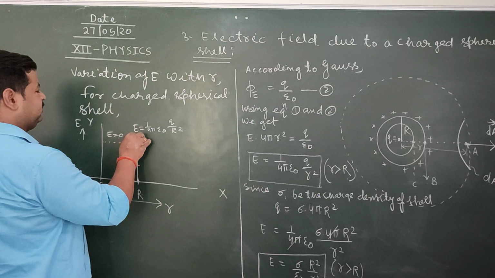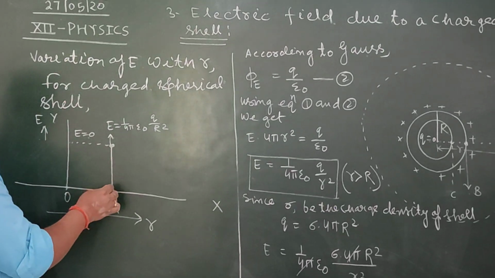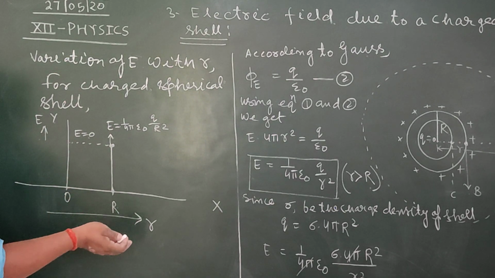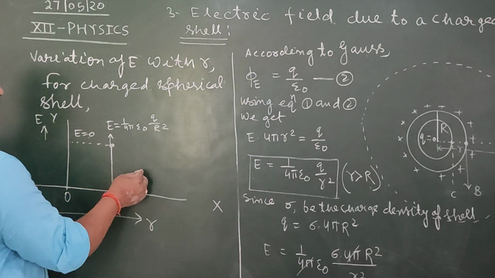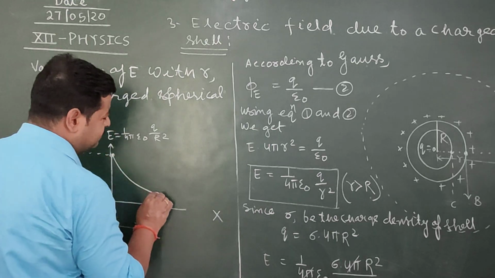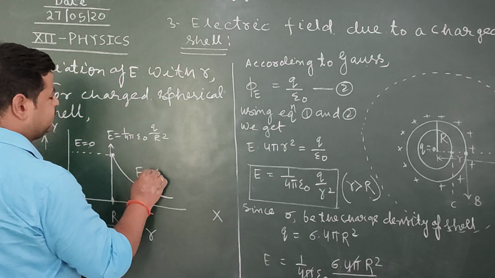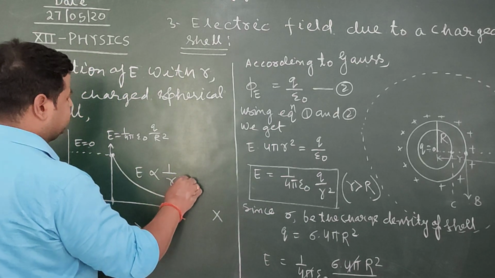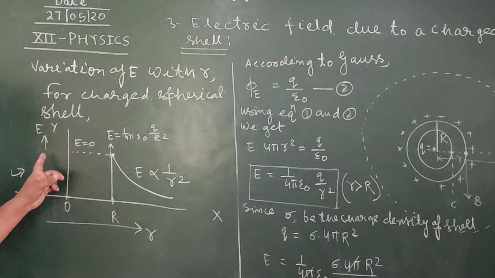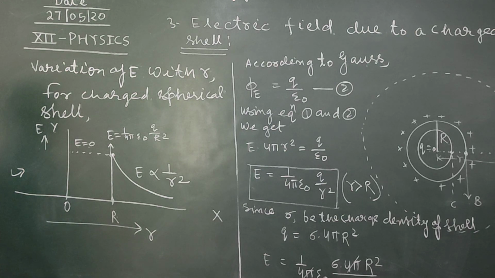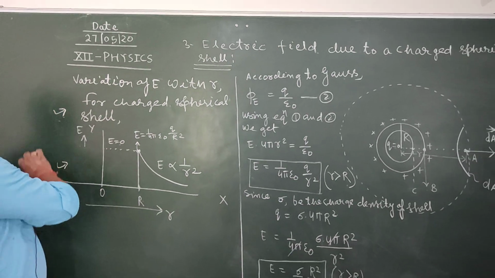Clear? So after the surface, what will be the variation of electric field with the distance? Since E is inversely proportional to r square, in this case E is inversely proportional to r square. So this is the graph between the electric field of the charged spherical cell and distance from the center of the spherical cell. This graph is asked many times in the board examinations.